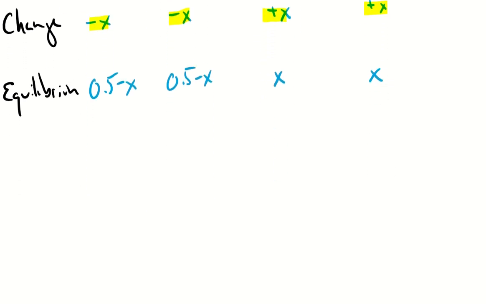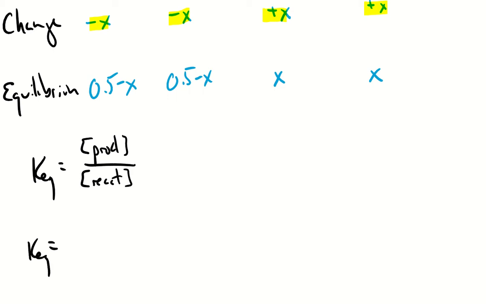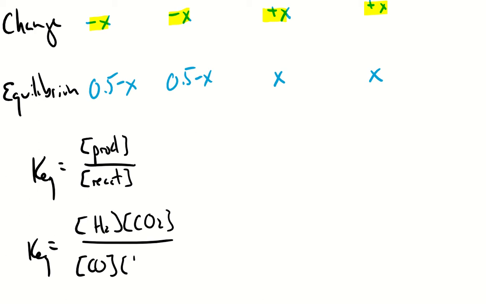What we can do at this point is use those equilibrium expressions and the KEQ expression to solve for X. KEQ, as you remember, is equal to products divided by reactants. In this case, KEQ equals the concentration of hydrogen times the concentration of carbon dioxide over the concentration of carbon monoxide and the concentration of water vapor.